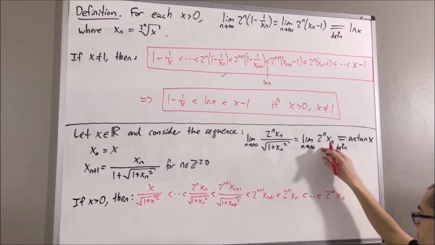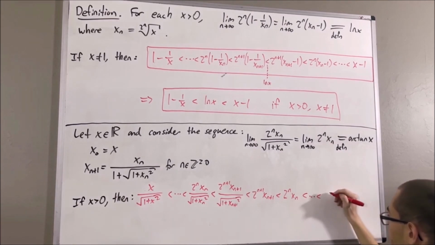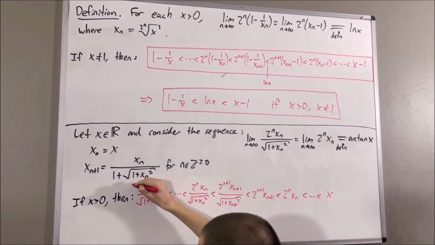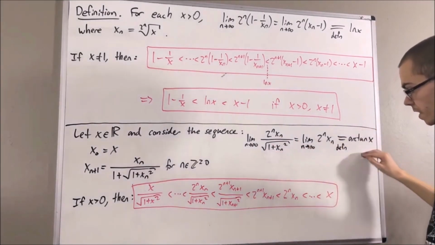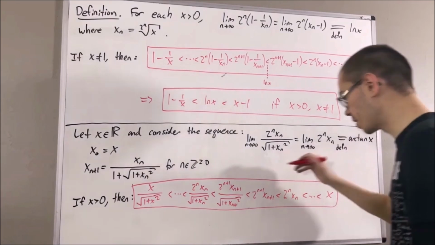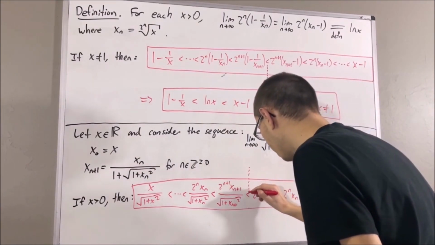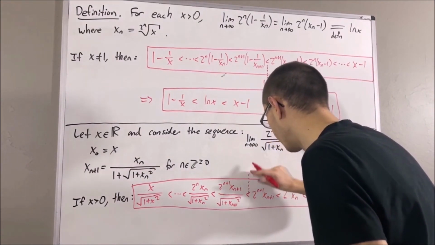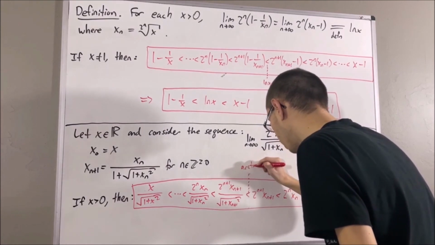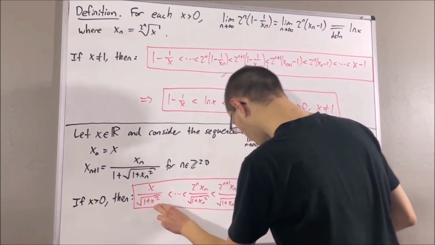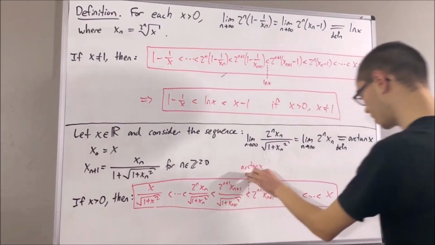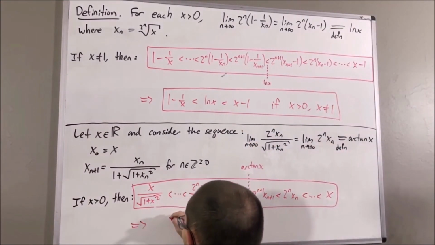The n equals 0 term of this sequence is nothing but x. And remember, arctangent of x lies somewhere right here. And so what we see from this is that x over the square root of 1 plus x squared is less than the arctangent of x, which is less than x.